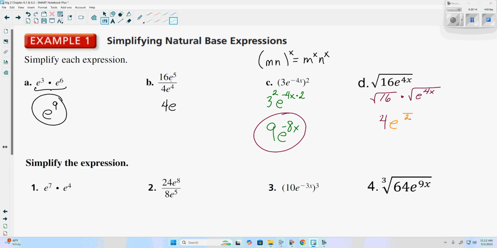So we could rewrite the square root of e to the 4x as e to the power 2 on bottom and 4x on top. And 4x divided by 2 is 2x. That's it. Really, we're just taking whatever the index is, the number in the radical. If it's not written, it's understood to be 2, and dividing it by that exponent.